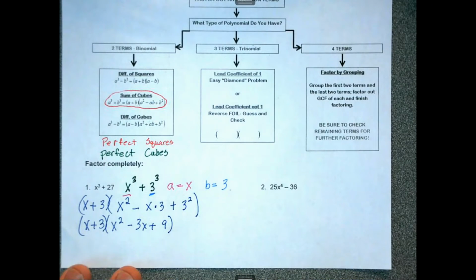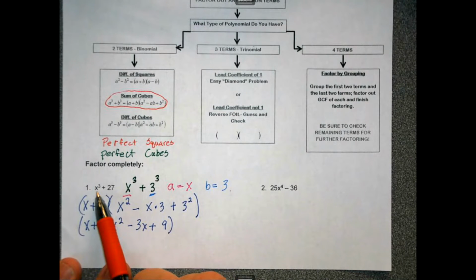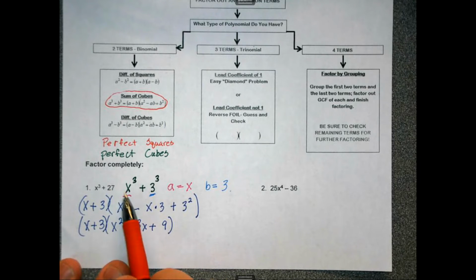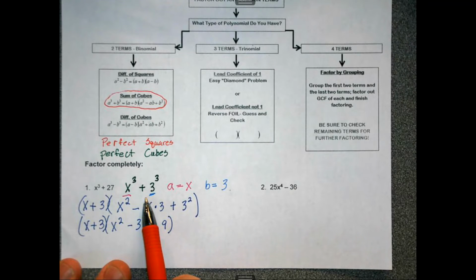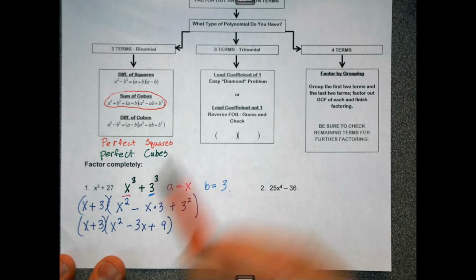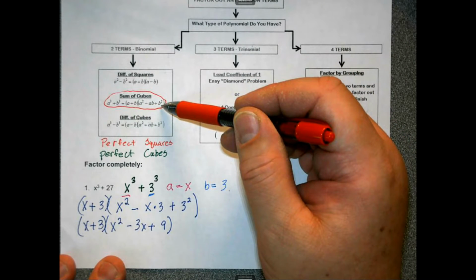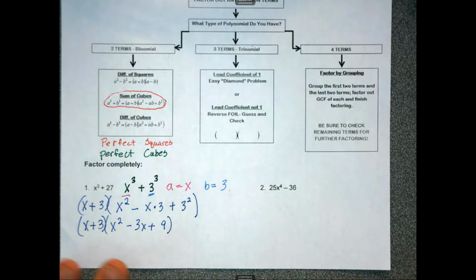That's my sum of cubes. This is a cube and this is a cube. This is x cubed. 27 is 3 cubed. That's fine. So this is a sum of cubes, and I'm just following this factored form.